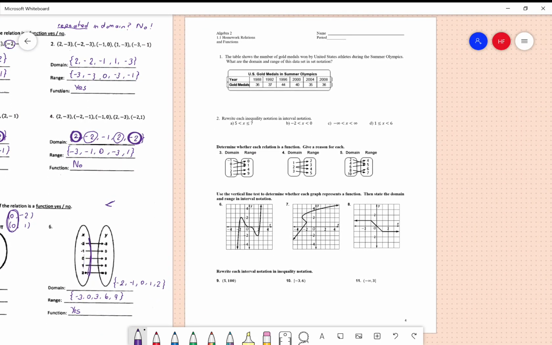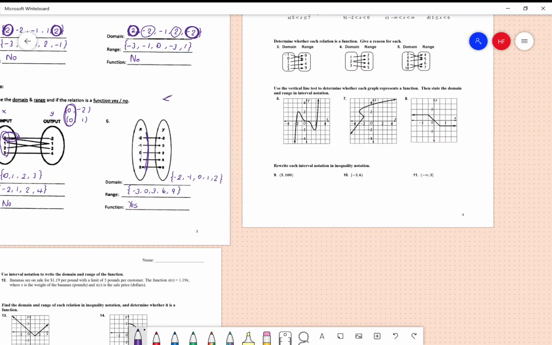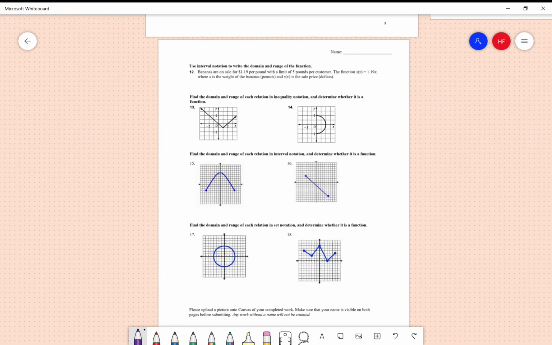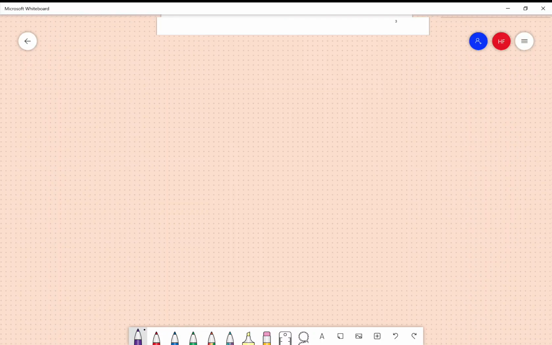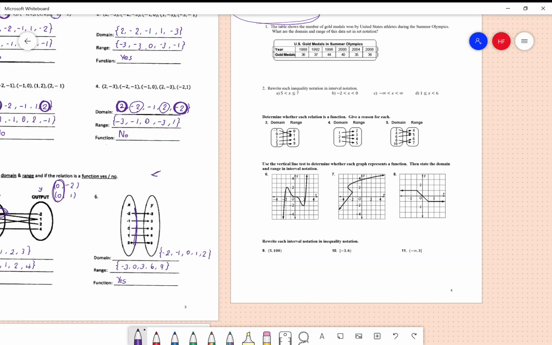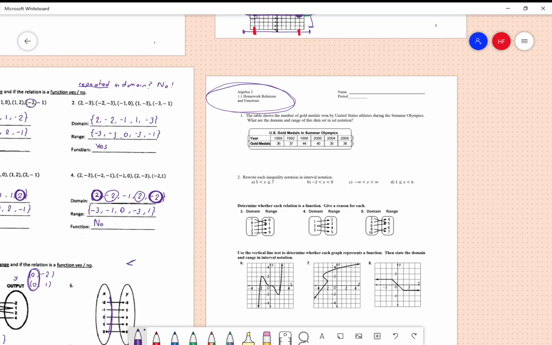So your assignment are the next 2 pages, but I'm only going to ask that you do the evens. So I only want you to do the evens.